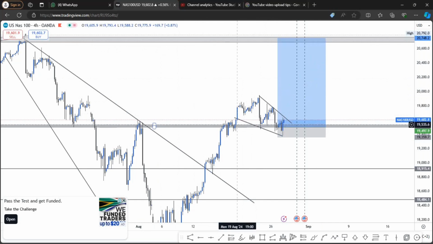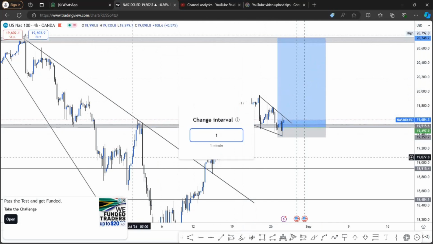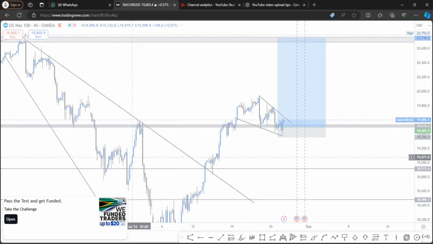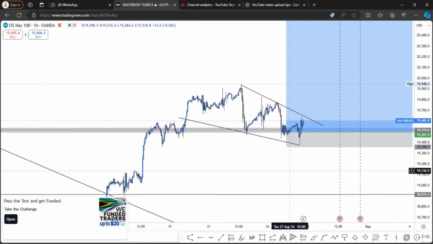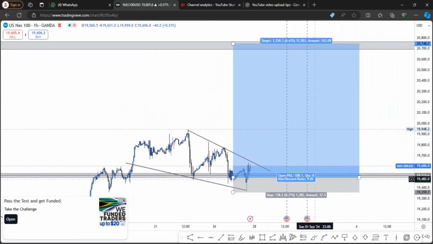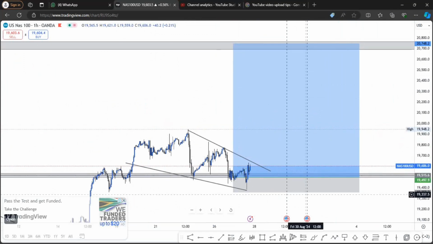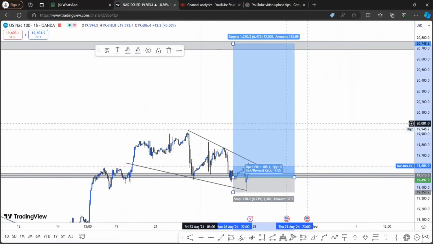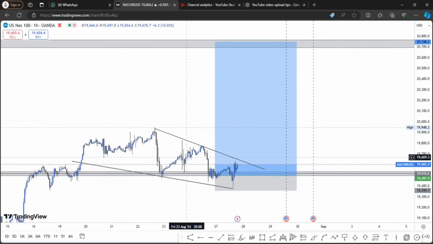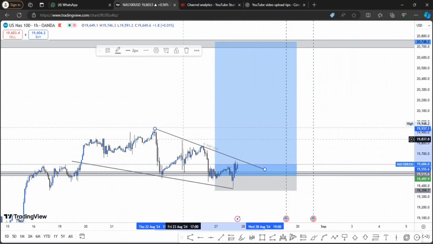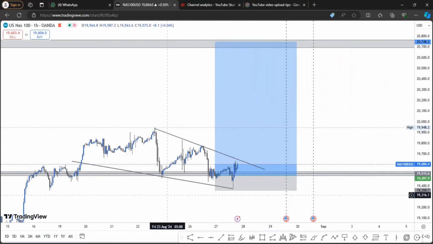But currently we are sitting on the buys on Nasdaq. We're sitting on the buys. So buys are very strong. If you want to scale in, just wait for the market. As you can see, the market still plays inside these trend lines, this pattern here, these are corrections.